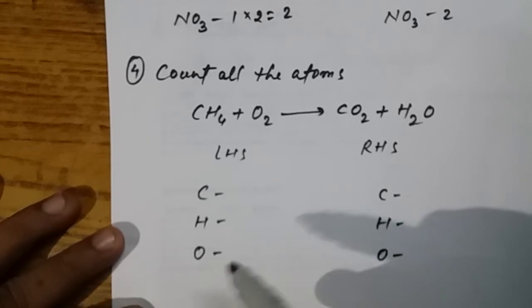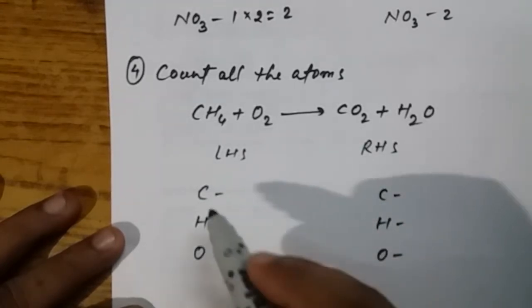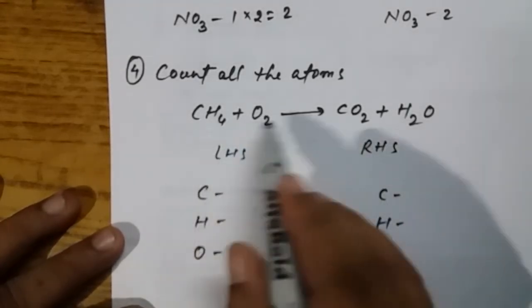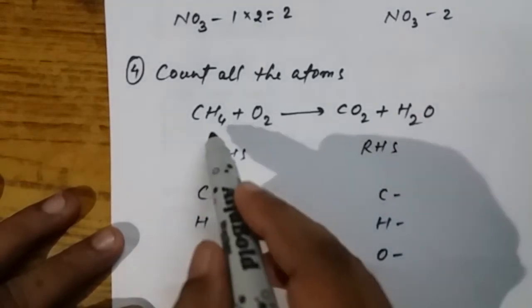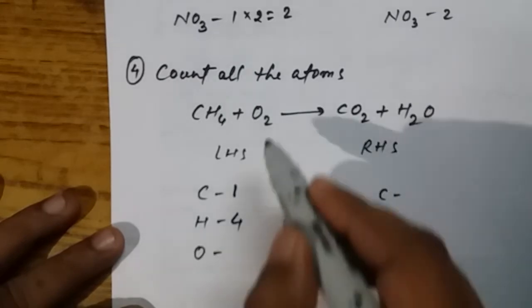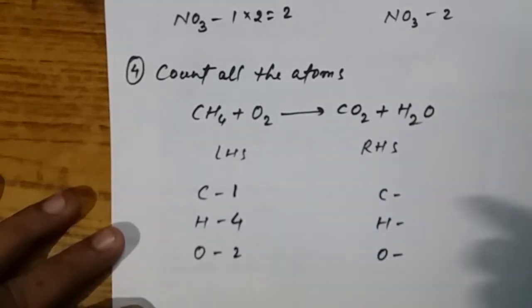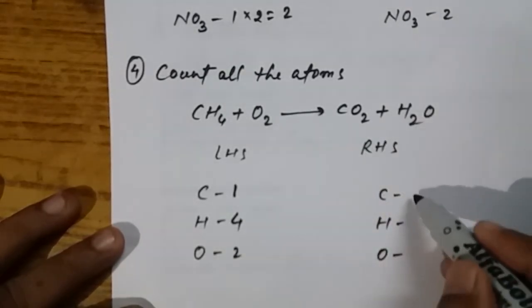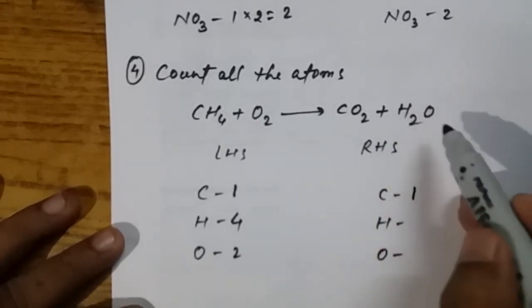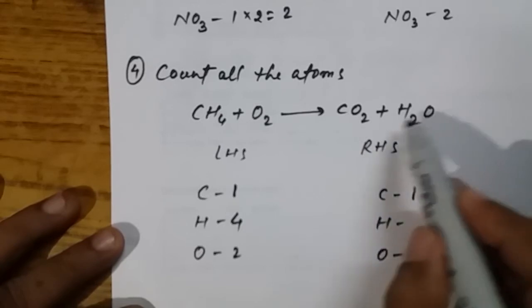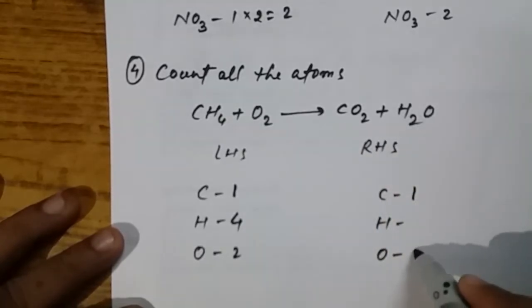Now we have to count that how many items are given. See carbon, how many are there? If nothing is given, that means 1. Hydrogen, how much is given? That is 4. Oxygen, how much is given? That is 2 atoms are there. C again, carbon is 1. Oxygen over here, that is we can say 2, and here is nothing, that means 2 and 1, that becomes how much? 3.